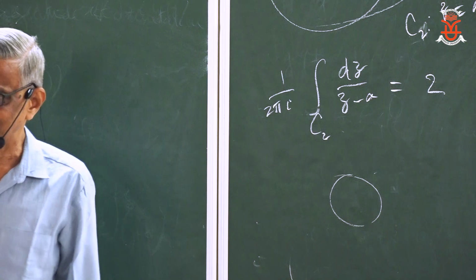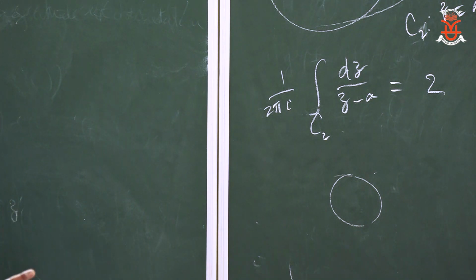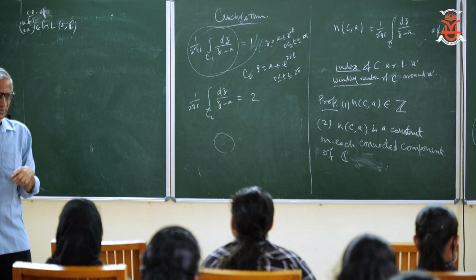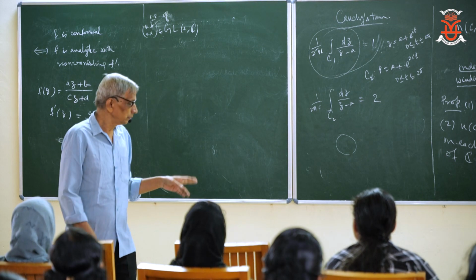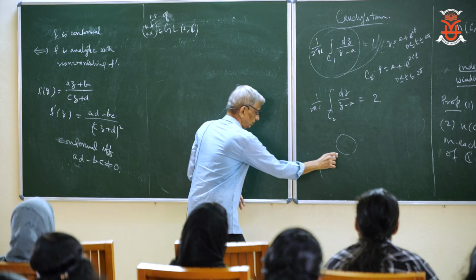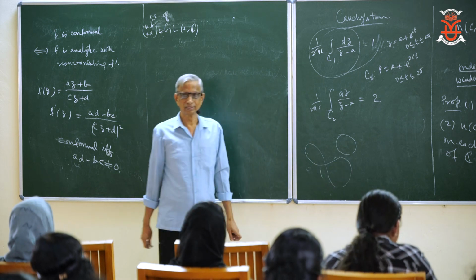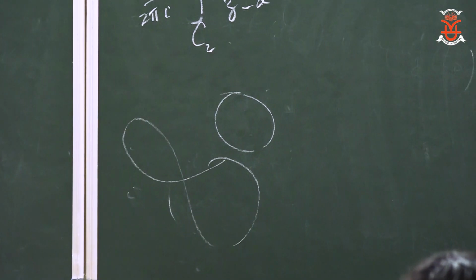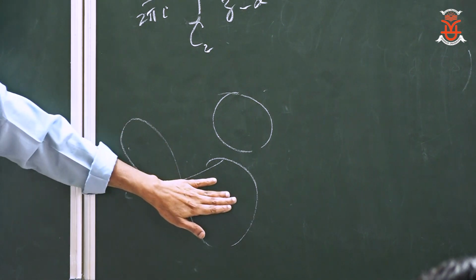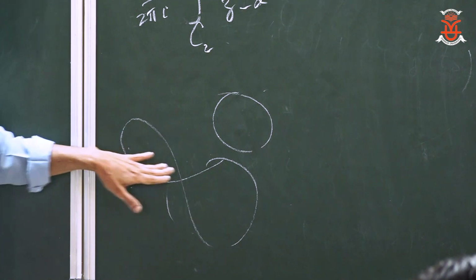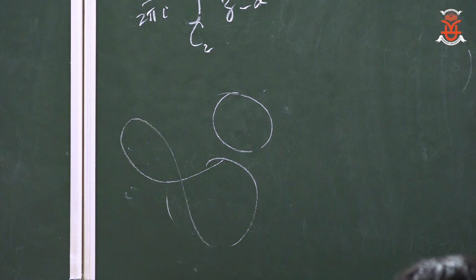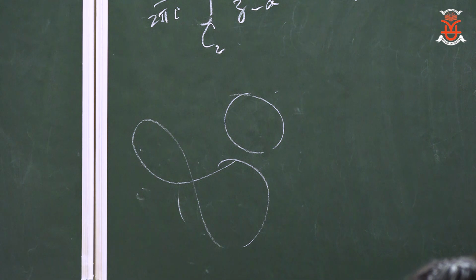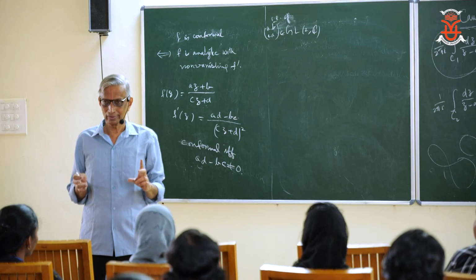There are two connected components. But your contour can be more complicated, right? The simple closed contour is what is called a Jordan closed curve. Your contour can be like this, in which case the complement consists of this, this, and the rest. So if you take the complement of the curve in the plane, it can have more than two connected components, right?